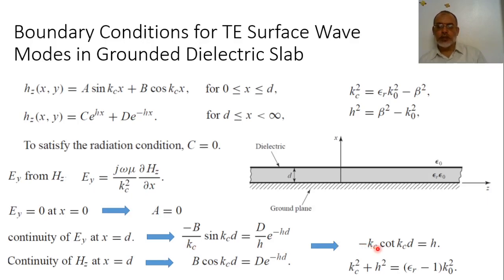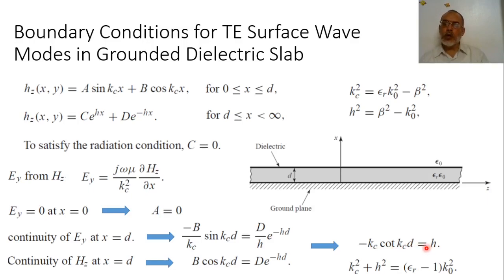So minus Kc cotan KcD would be 1 over 1 over H, which is H. So minus Kc cotan KcD equals H. If you remember, for the transverse magnetic mode, it was Kc tan KcD equals H. Here, in the transverse electric mode, it is minus Kc cotan KcD equals H.